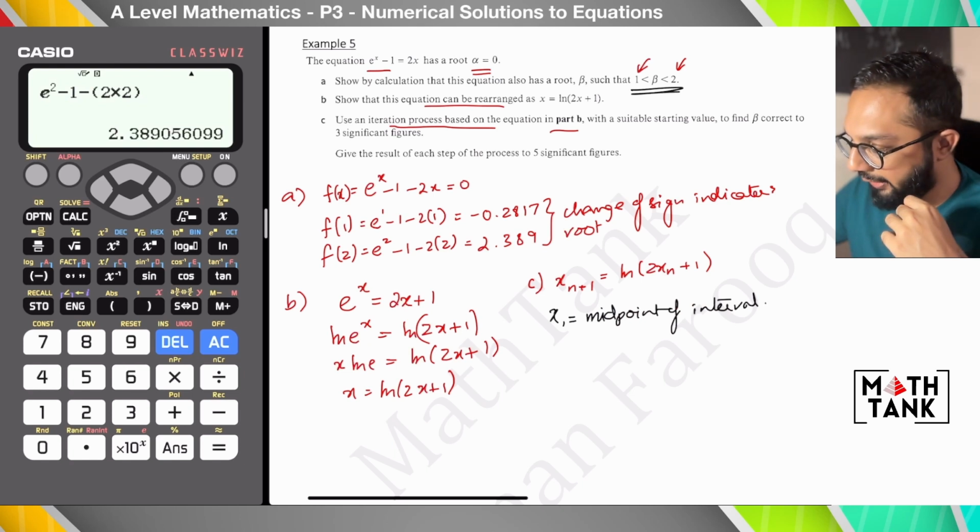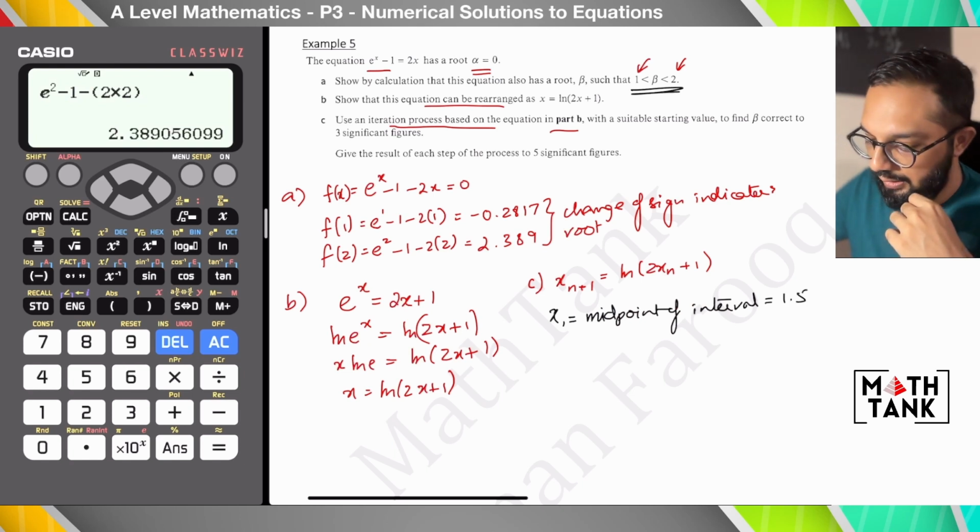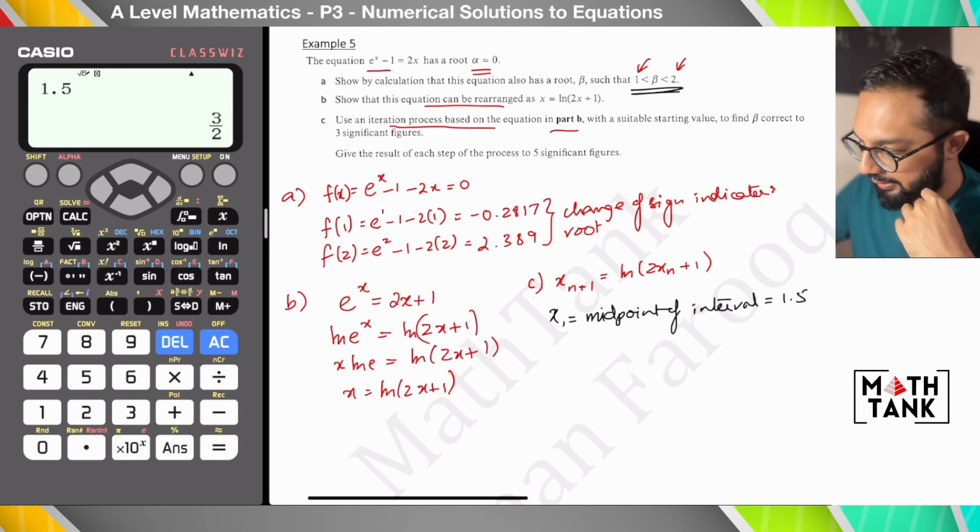So what's the midpoint? That's 1.5. So what am I going to do on my calculator? I'm going to write 1.5 equals, that's x1, and then I'm going to write my expression in terms of the answer: ln of 2 into answer plus 1.